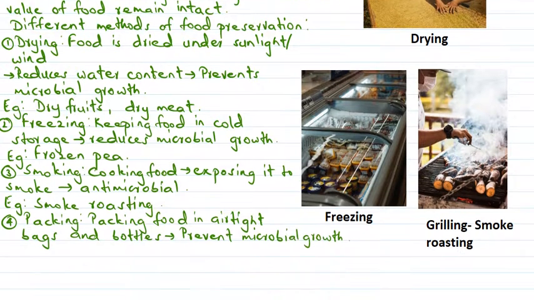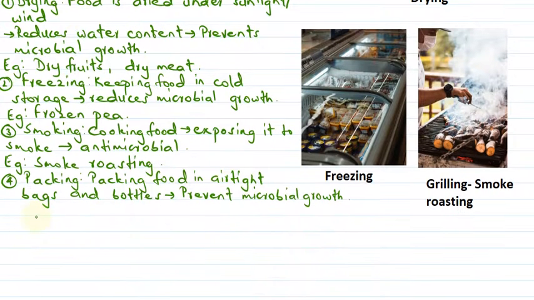For example, dry fruits are often packed in airtight jars, bags or bottles.